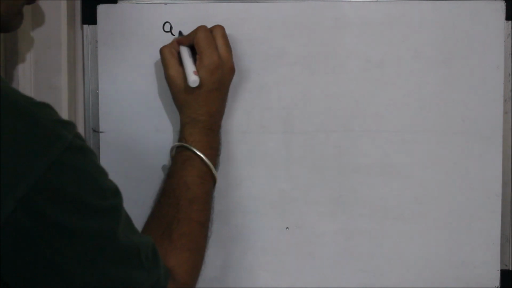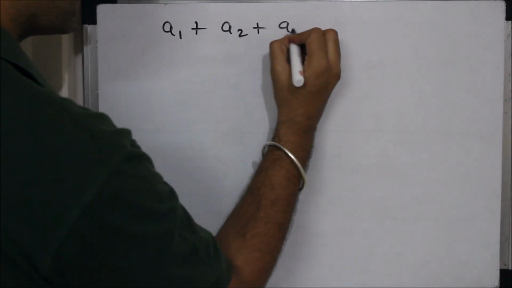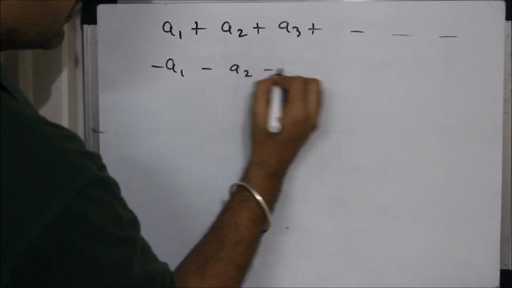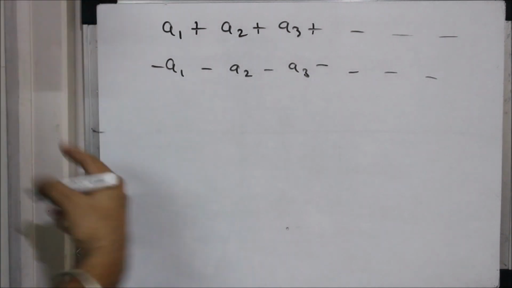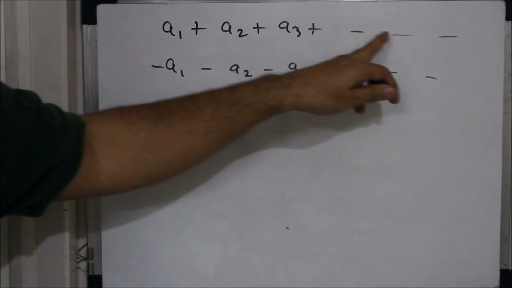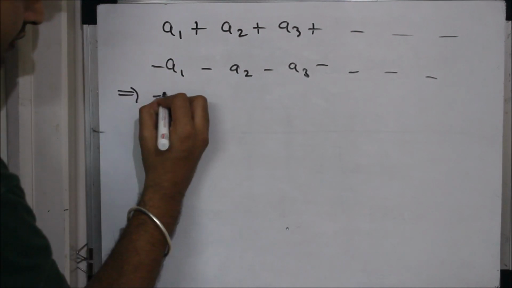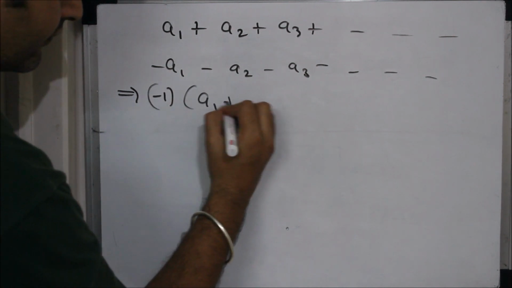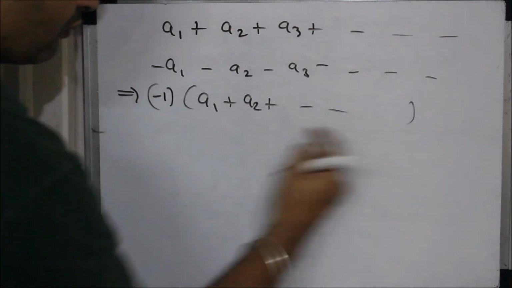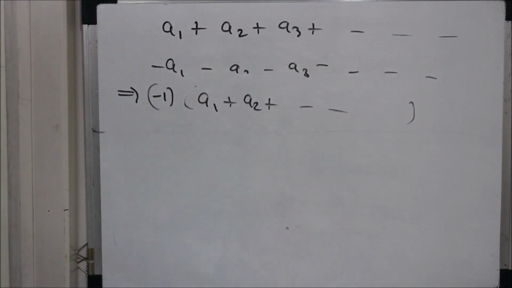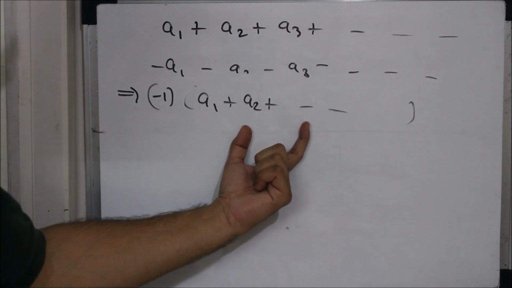If all the terms are positive, no problem. If all the terms are negative, you take the minus sign outside, and now all the terms are positive, so you can apply your test, direct comparison, limit comparison, root or ratio.